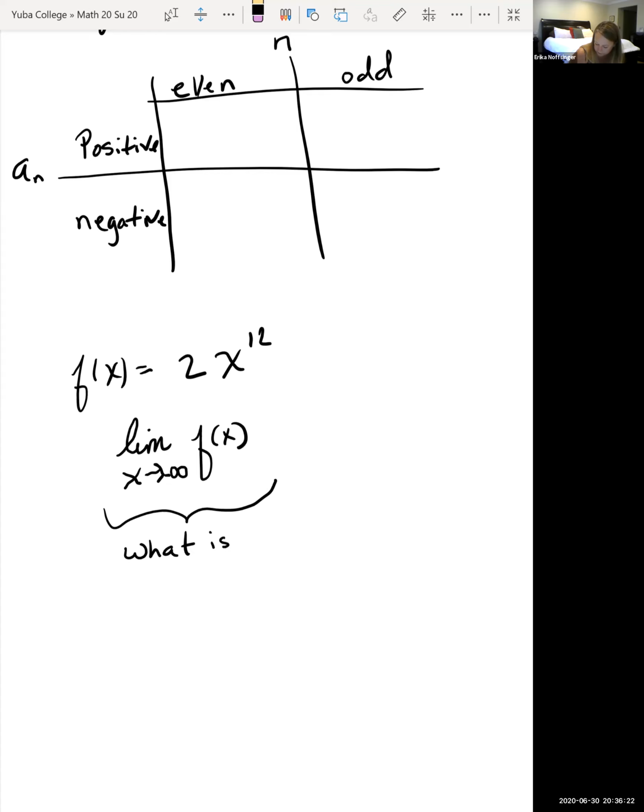So this time, instead of plugging in a negative number, you're plugging in a positive number. Wherever you see an x in your function, well, actually, in this case, we're only looking at the leading term. It doesn't matter what anything else was. Well, if you raise a positive number to the 12th power, that's positive, and times our 2 out front, which is a positive number, so 2 times a positive is positive.